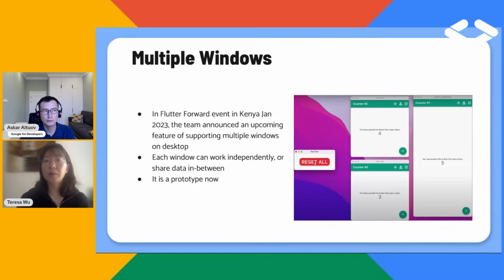You have ways to code this logic in your application. At the moment, this is a prototype, but let's wait for the announcement. Each window can work independently, or you can share data in between, which is super awesome.